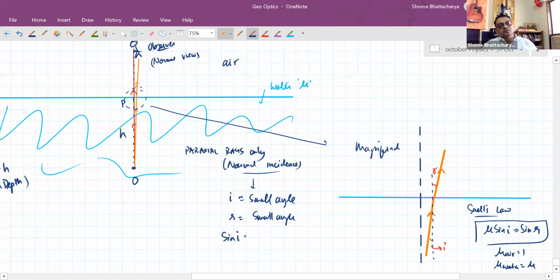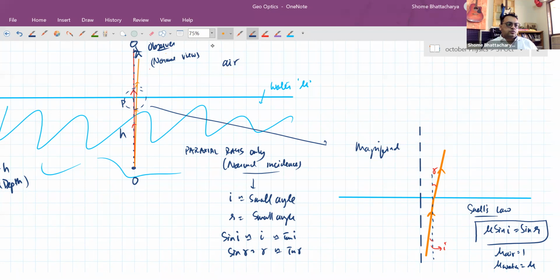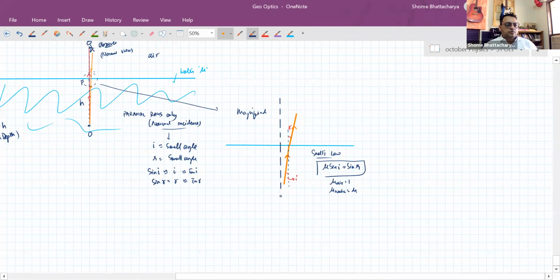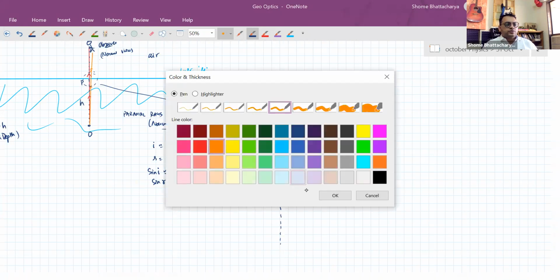So sin I becomes approximately I or tan I, and sin R becomes approximately R or tan R. So when we look at this magnified diagram, this incident ray was coming from the actual object.